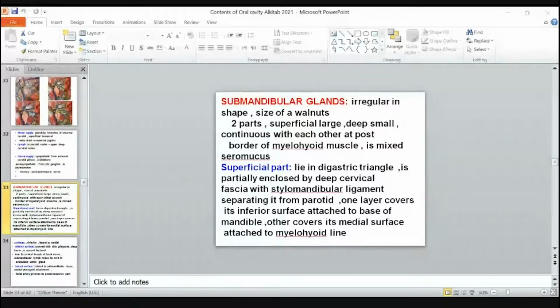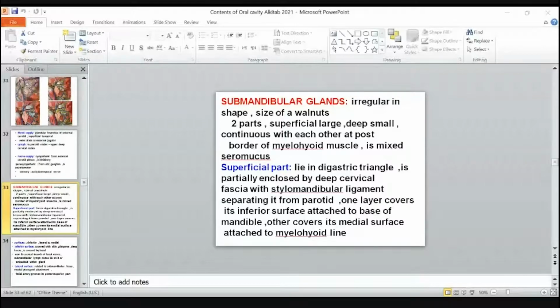Emerging from the deep part, it's about 5 centimeters in length and ascends upward to enter the sublingual salivary gland. It passes inside the sublingual salivary gland in the oral cavity, and is crossed here by the lingual nerve.